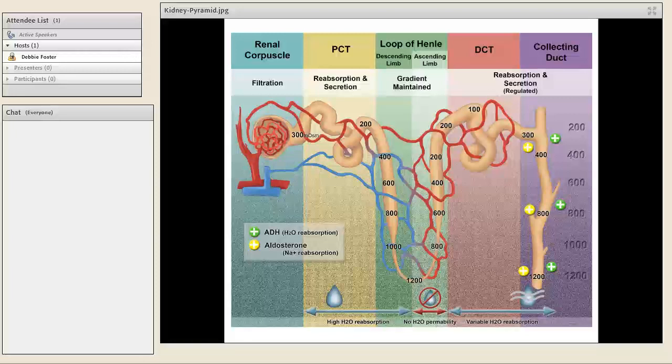If the membrane's intact, the heads will swell. If it's not, if for some reason it's damaged or if the sperm is dead, then it stays the same. It doesn't have any net movement of water. Anyway, sorry for the tangent, but important practical applications for osmolarity.